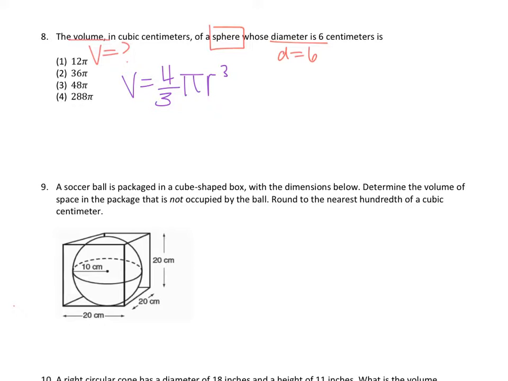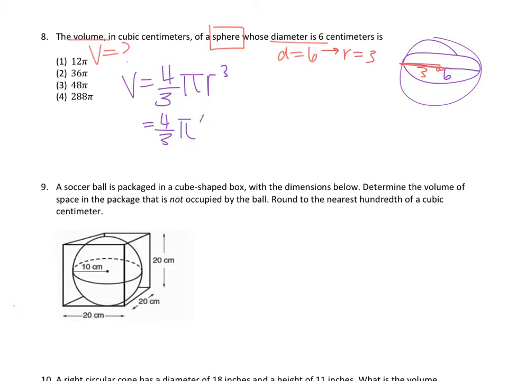So diameter 6, which means that all the way across this sphere, we have a length of 6. So halfway across for the radius must be 3. Remember, just cut the diameter in half. So now we have 4/3 pi times 3 to the 3rd. Take a look at those multiple choice answers.